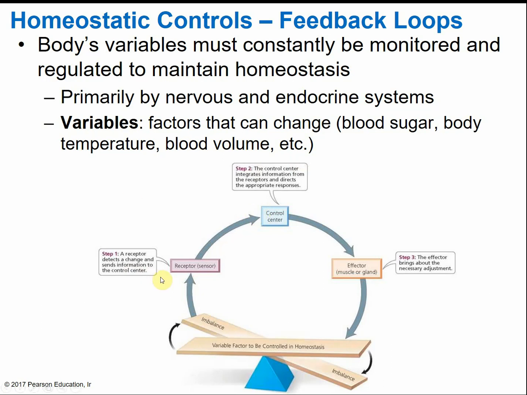So the sensors are going to send the signal to the brain, and then the brain will determine how to respond. Our response will be carried out by our effector, which is typically a muscle or a gland. The effector is going to bring about the necessary adjustment, whatever we need to do to restore that homeostasis.